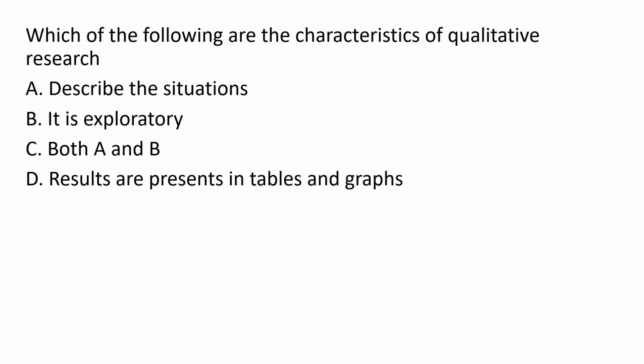Which of the following are the characteristics of qualitative research? So here in this question they ask you the characteristics of qualitative research, for which the first option is describe the situation, second one is it is exploratory, third one is both A and B, and the last one is results are presented in tables and graphs.